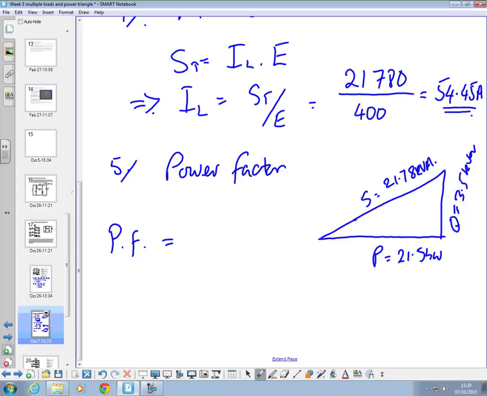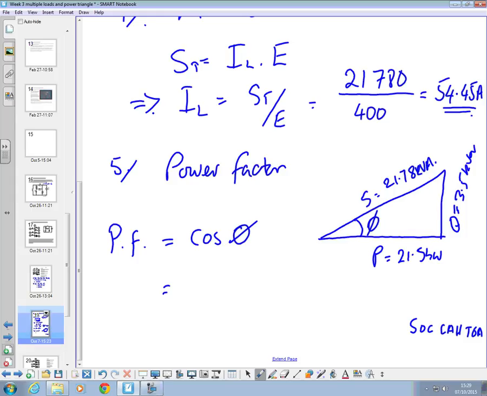So if we call that angle in there theta, it's equal to the cosine of that angle, and the cosine is equal to? If you can't remember it, adjacent over hypotenuse.